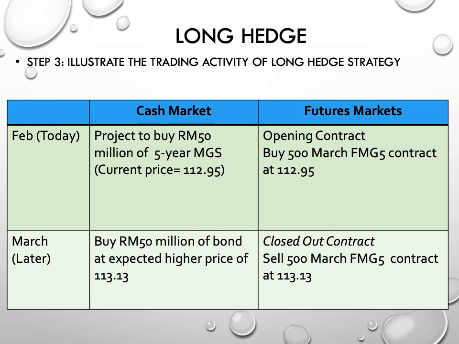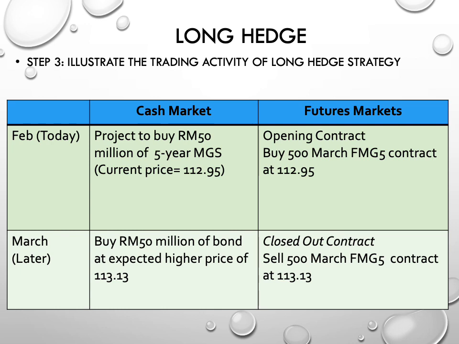To protect this transaction, you plan to use the long hedge strategy. To exercise the long hedge strategy, you need to enter the futures market and buy futures contracts. In this case, in the futures market today, you open a position and buy the March contract. Why March contract? Because you plan to buy bond in March.